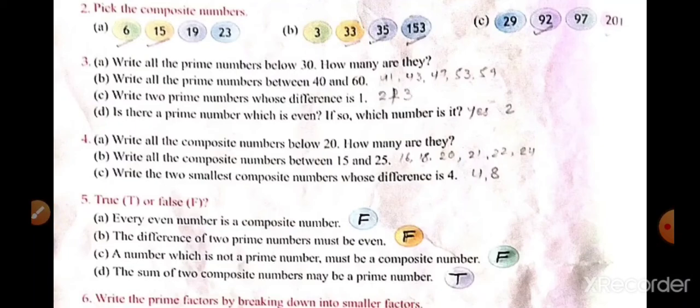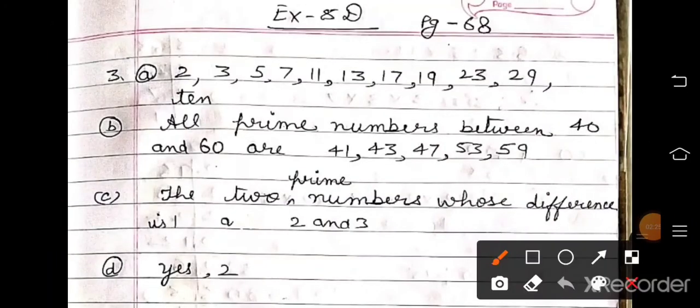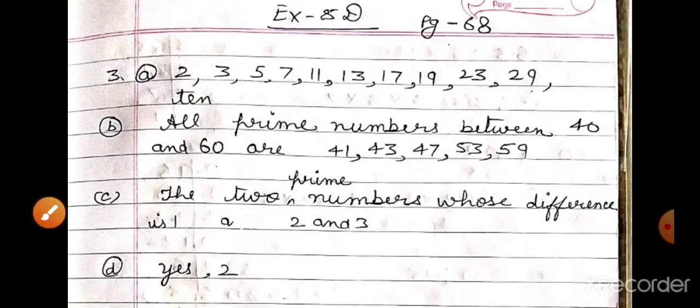How many are they? So for it, take out your notebook. So all the prime numbers below 30 are 2, 3, 5, 7, 11, 13, 17, 19, 23 and 29. All are total 10. Count. All are total 10. Okay.